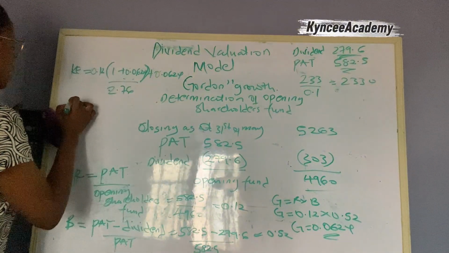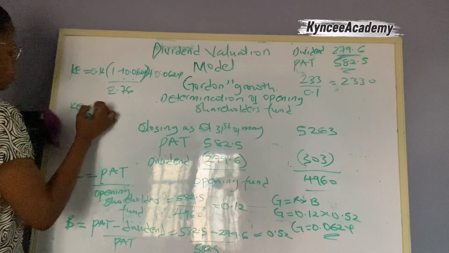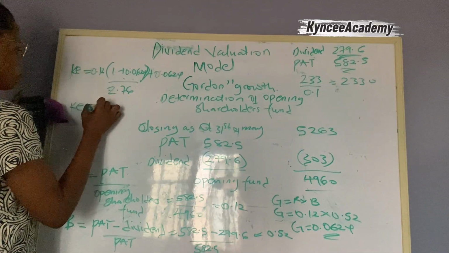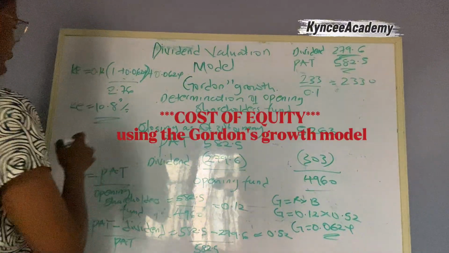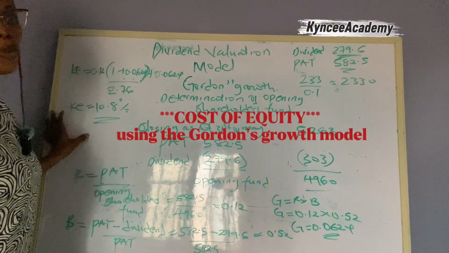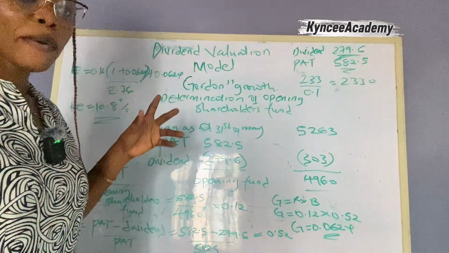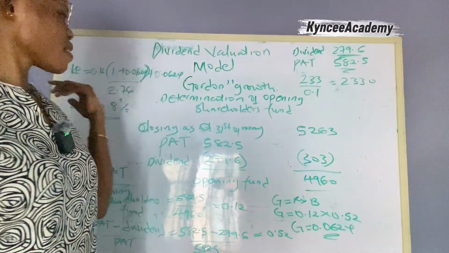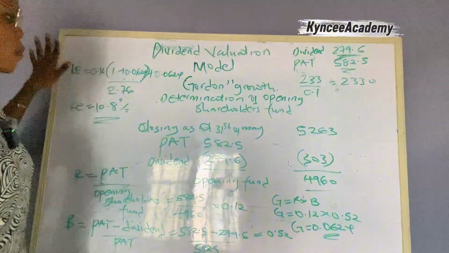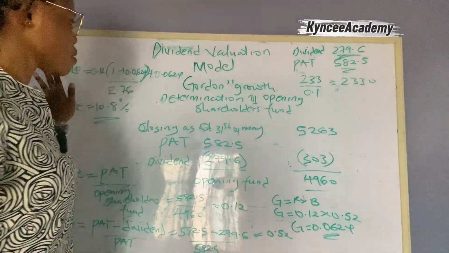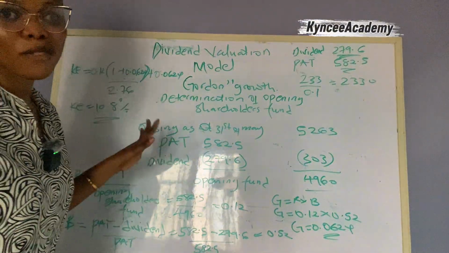So our KE is equals to 10.8%. So this is the cost of capital using the Gordon's growth model. In using the interpolation, what did we get earlier? Which was 8%. So this is everything about Gordon's growth model.